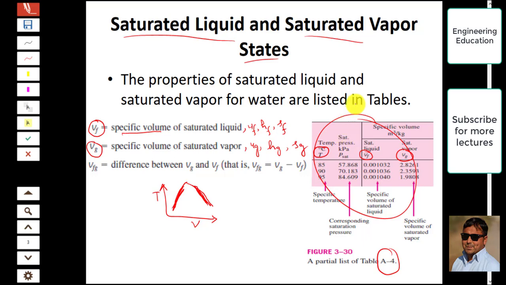Here we highlighted that we have the saturated liquid state, that is vf, and the saturated vapor state, that is vg, and the values are mentioned here. The difference of these two is called vfg, that is the specific volume of the mixture, and it is equal to the difference of vg and vf.